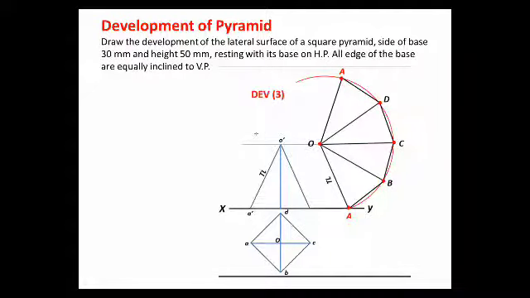Now the main question is development of lateral surfaces of square pyramid. We know that this is the true length of square pyramid. So first of all, before drawing the development of pyramid, you have to draw one parallel line to this true length line on right hand side.